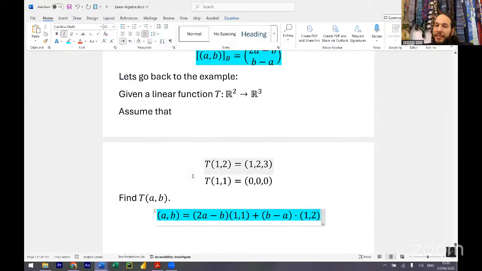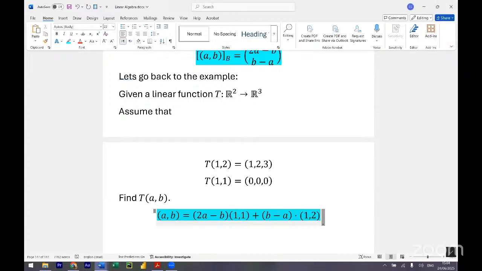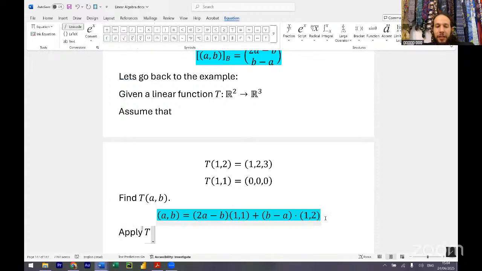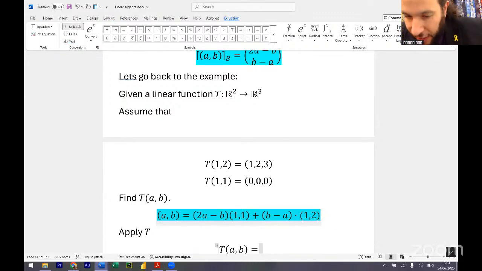So what is the next step if we want to find T of AB? Do we distribute? Before, yes, but before we need to apply T. Agreed? So you get T of AB on the left-hand side.